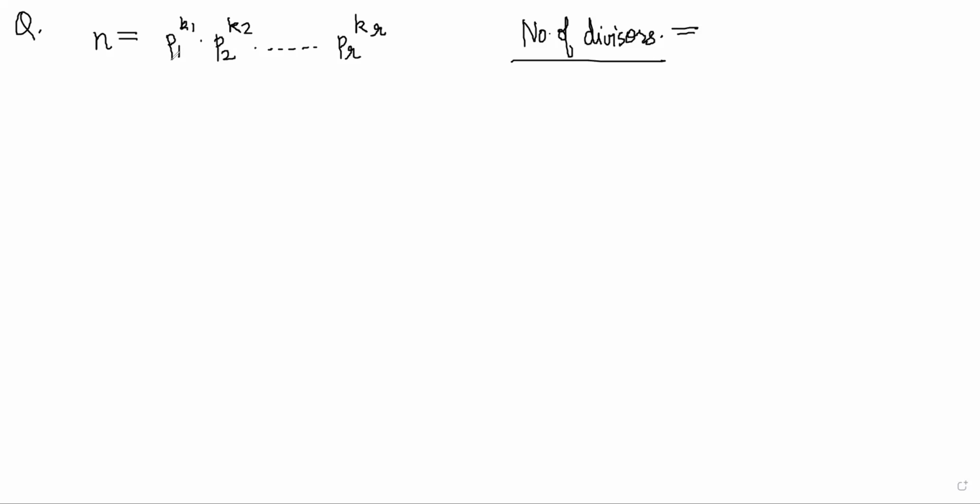You have to select 0 or more prime factors. Out of the k1 p1s, you select 0 or more, so k1 plus 1 ways, into k2 plus 1, and so on till kr plus 1.